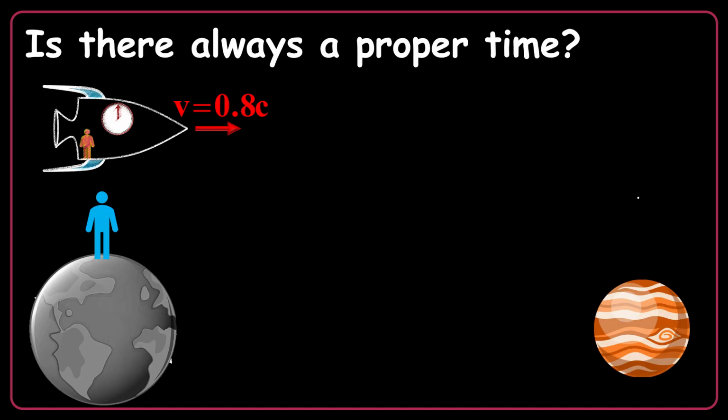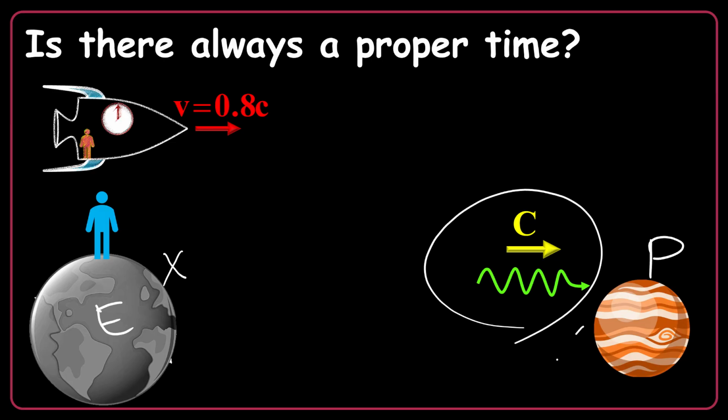A very nice and important question: is there always a proper time in relativity? I mean, if we consider a problem, will one of the observers always measure proper time and the other dilated time? The answer is no. I will tell you why. There are some cases where you don't have any proper time for these two observers. Let's say we have the Earth and a planet P. I send a radio signal from Earth to the planet. So the event is traveling from Earth by this radio signal to the planet.